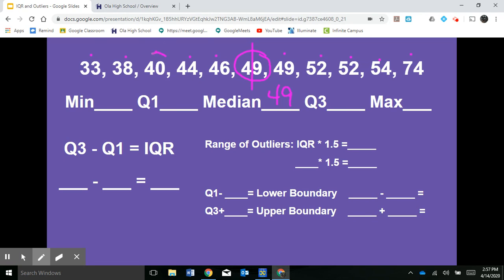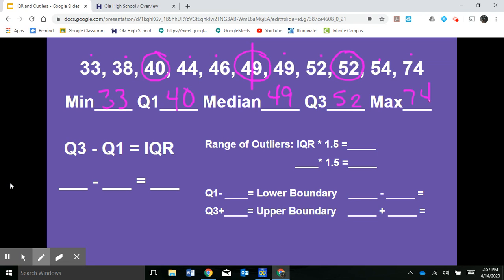So I can easily see that 40 is going to be my Q1. There's my min. And 52 is going to be my Q3. Some of you this week, when you get a decimal, if I'd had to average these together, don't round, just leave it as a decimal. But unfortunately, I've made it to where none of these are decimals, so as not to confuse anybody.